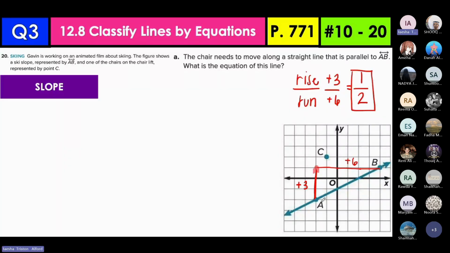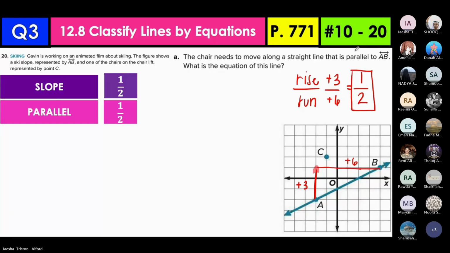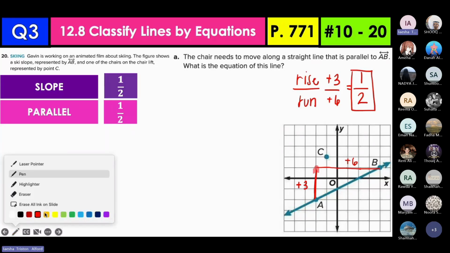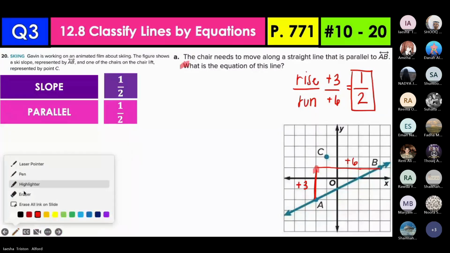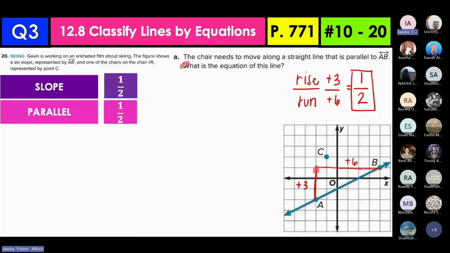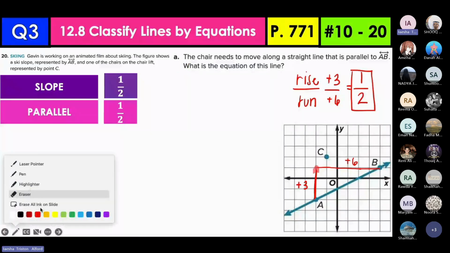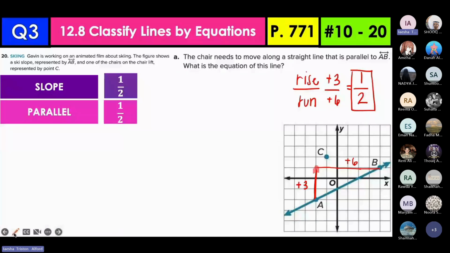It's a two-part question. First thing they say, they want it parallel. So parallel should be the same slope. This time they want you to write an equation. So two ways to write the equation. It's up to you how you want to write it. What is the equation of the line?